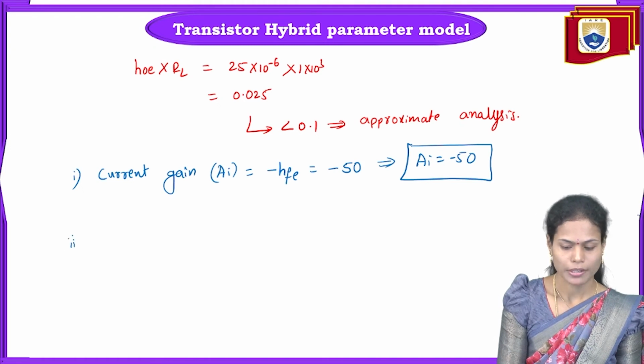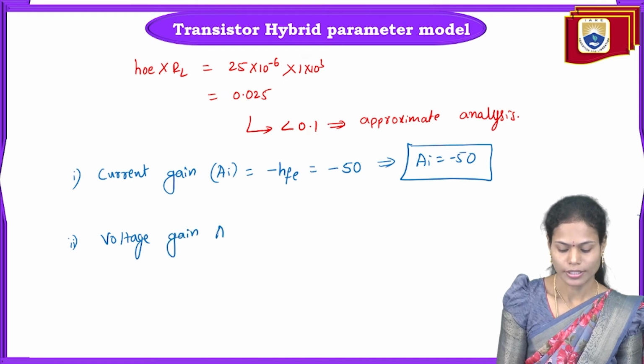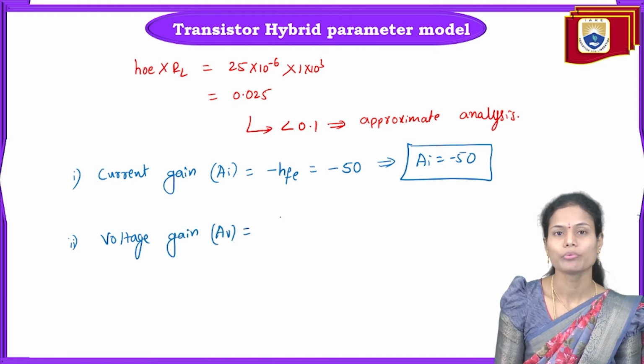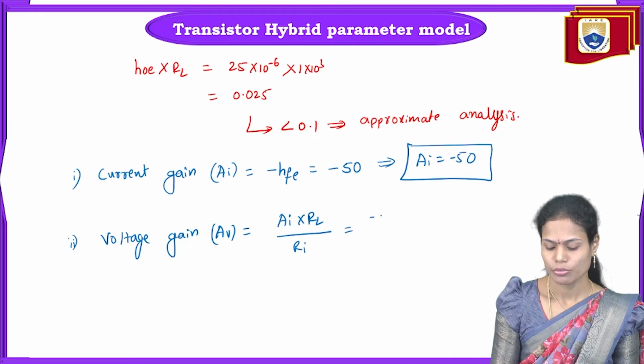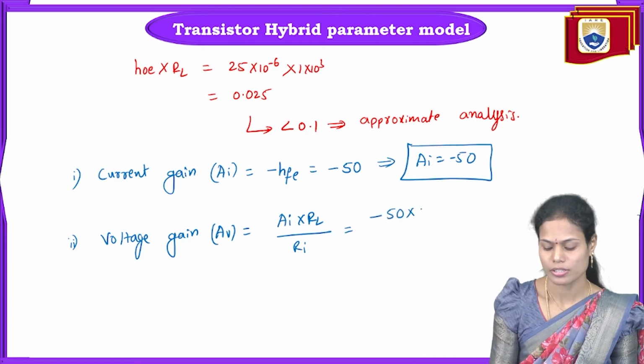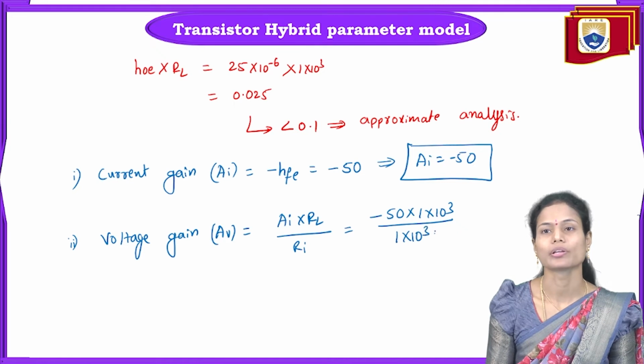And the second parameter is voltage gain AV, which is equal to AI into load resistance by input resistance. So the current gain value is minus 50, the load resistance is 1 kilo ohm, and the input resistance is also 1 kilo ohm.